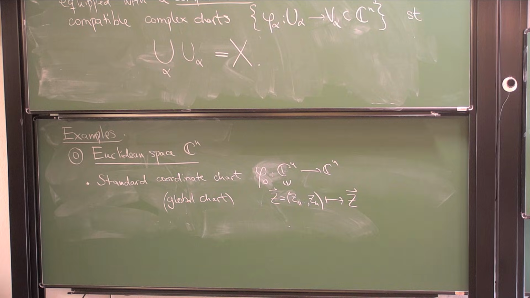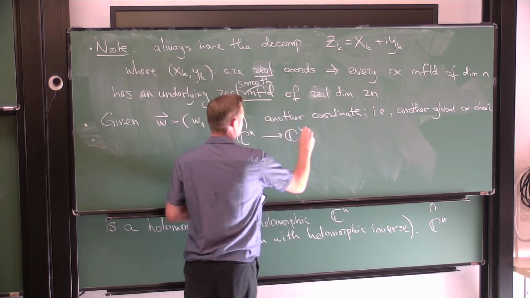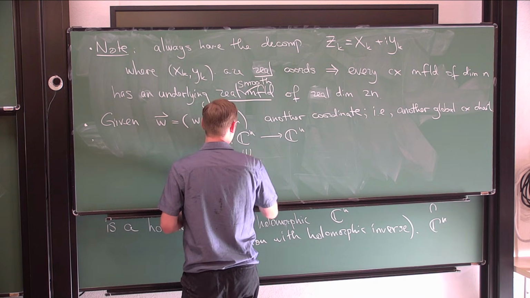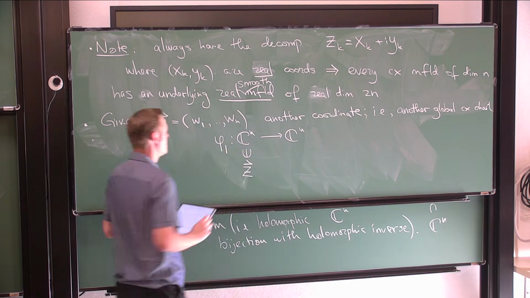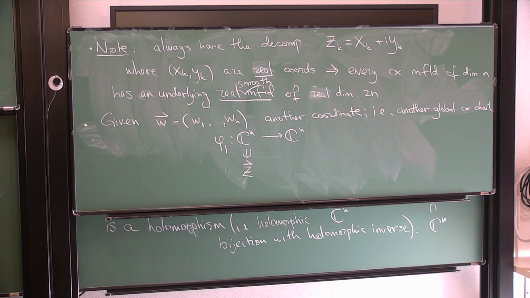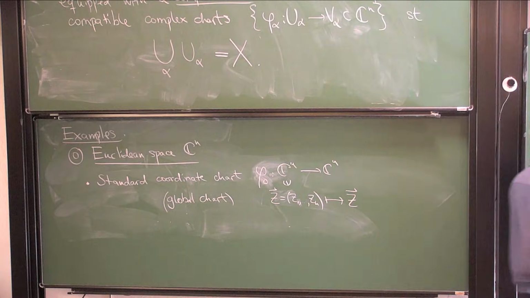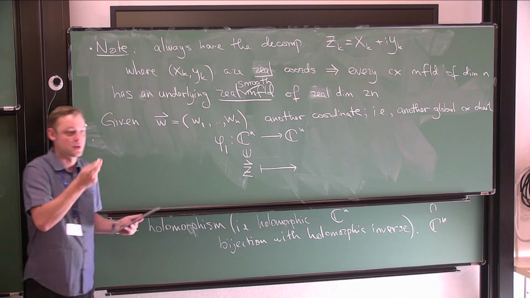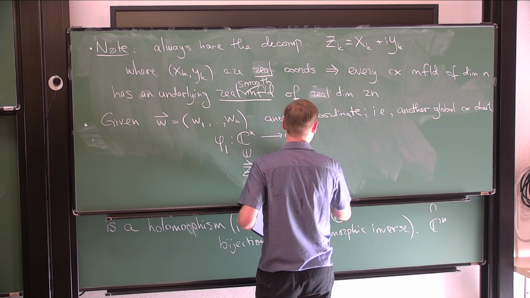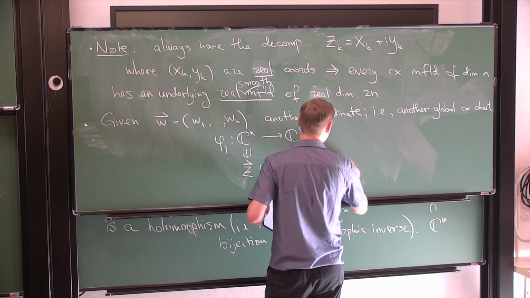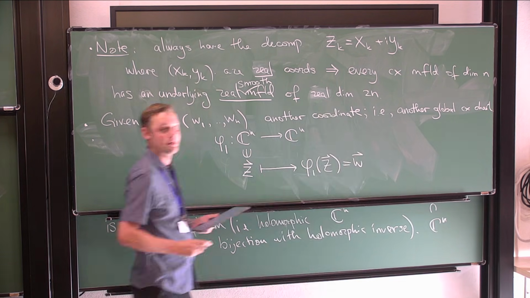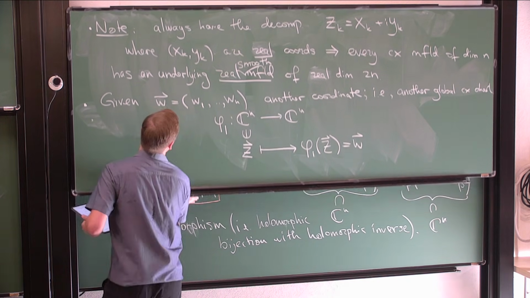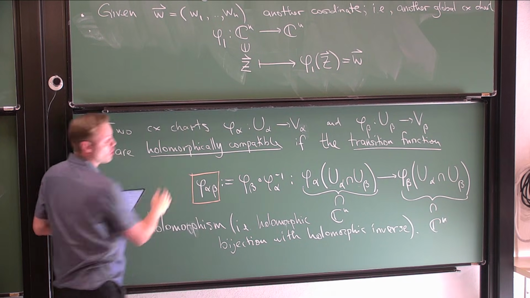It takes C^n, so it takes a point which I am enumerating by the tuple z, and outputs some function of z. So phi 1 of z, and this is what I call w, some vector function of z. So now I have two complex charts.